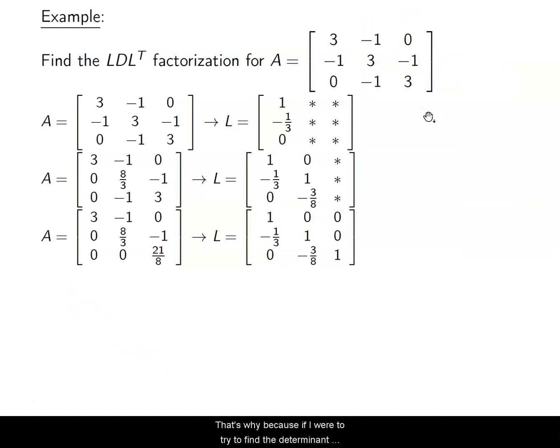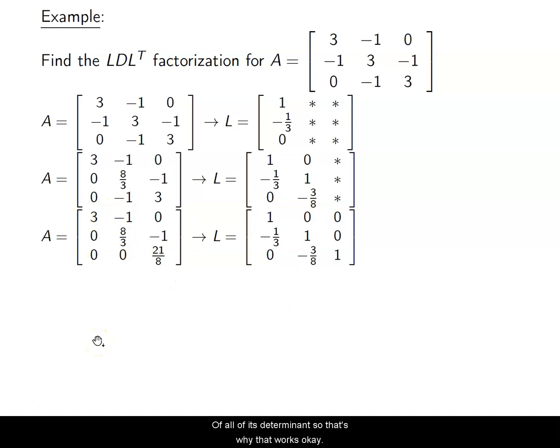Okay, so that's why, because if I were to try to find the determinant now that it's in one of its triangular forms, I would just multiply the main diagonals, and that's going to be the same value as if I were to find the product of all of its eigenvalues. So that's why that works.